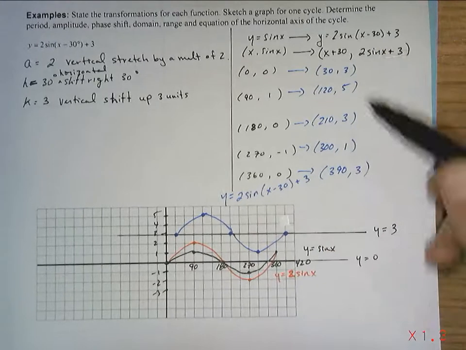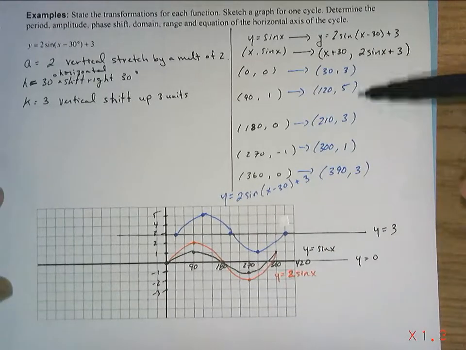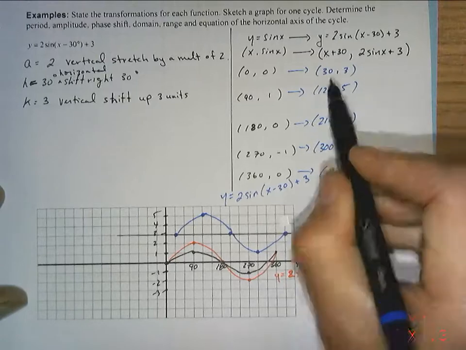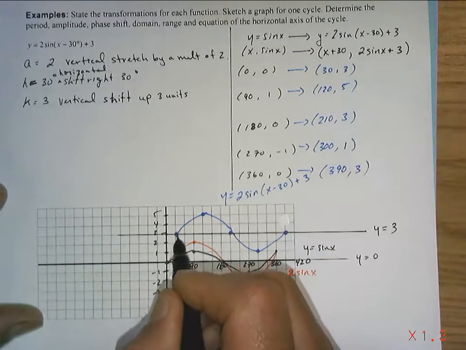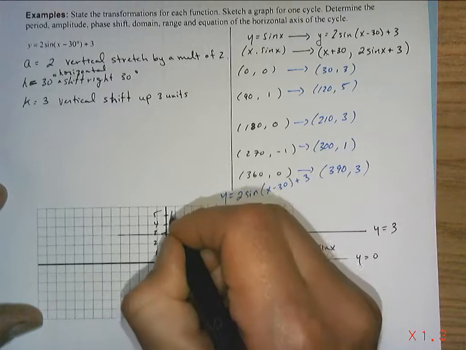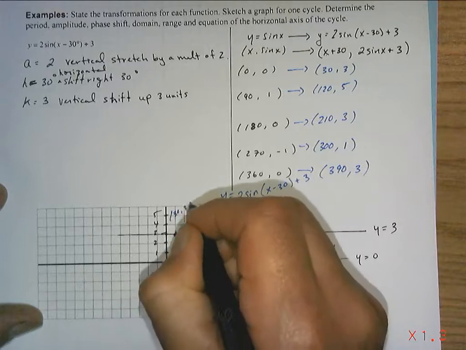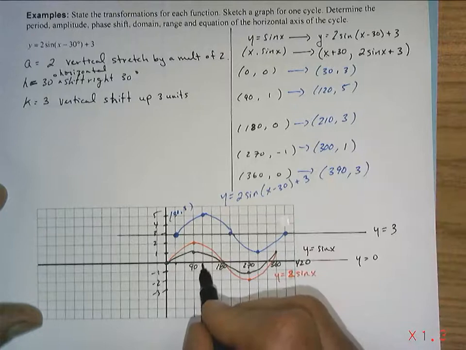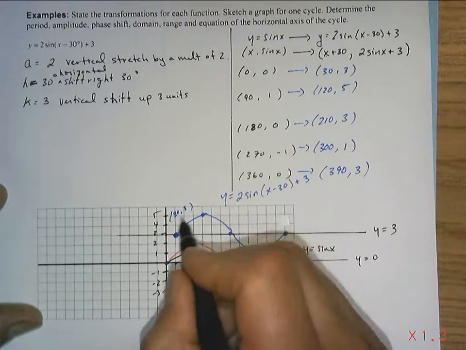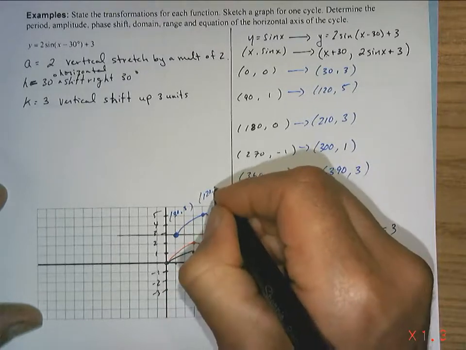And then all I would have to do is sketch these 5 points. So 30, 3: 30 degrees, 3 in the y takes me right here. That's (30, 3). Then (120, 5): 90 plus 30 more is 120, up to 5.